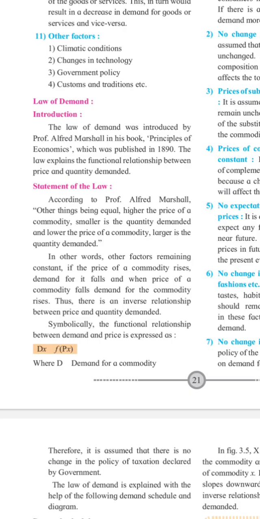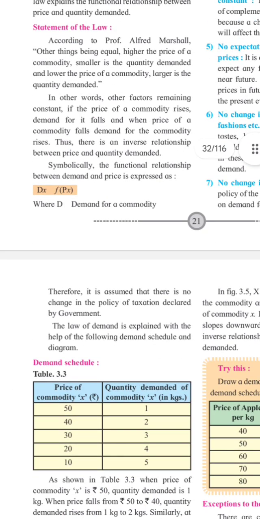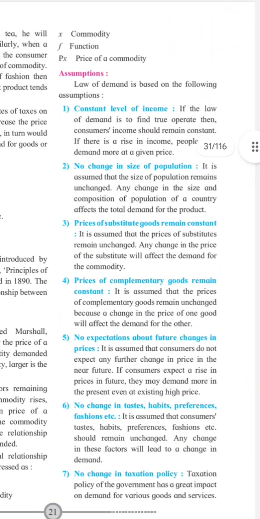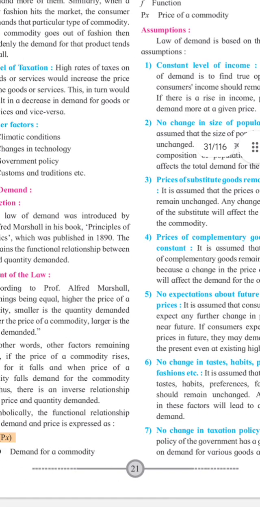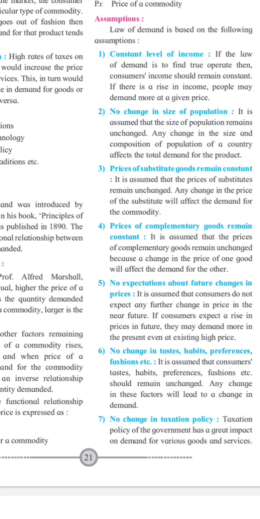Thus the price and the quantity demanded have an inverse relationship. Symbolically, Dx = f(Px), where D is the demand for the commodity, x is the commodity, f is function, and Px is the price of the commodity. So this was the law of demand statement and its symbolic representation.